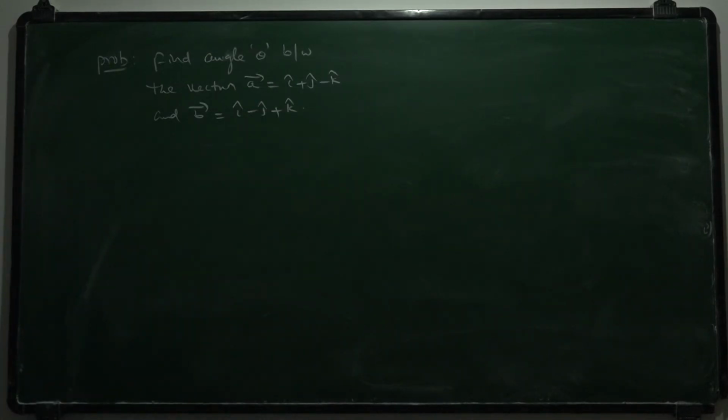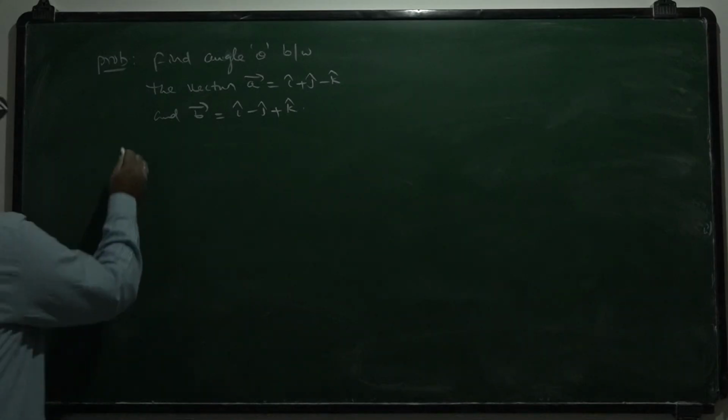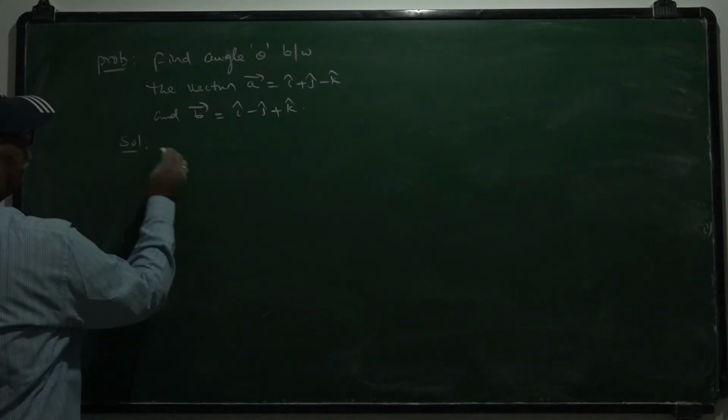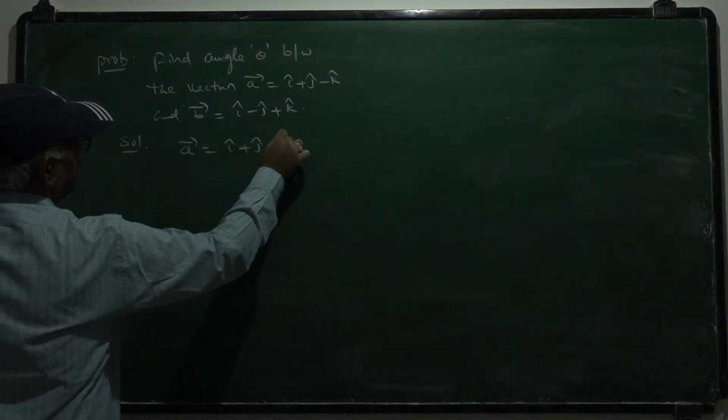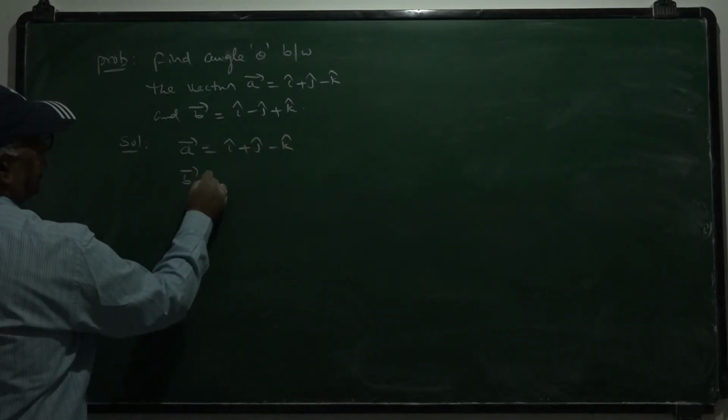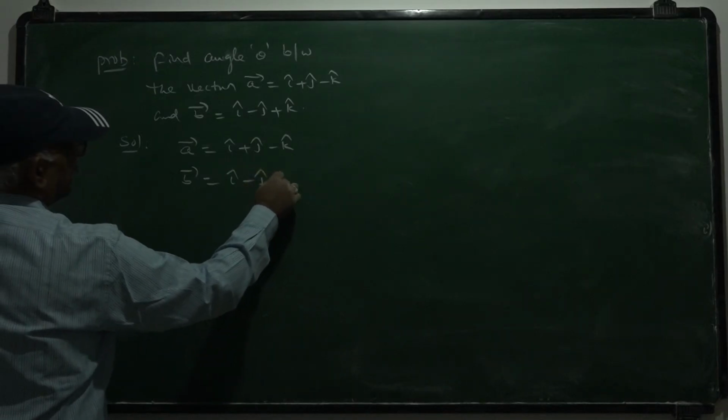Find the angle between the two vectors, given vectors. Here a bar is given i plus j minus k. b bar is given i minus j plus k.